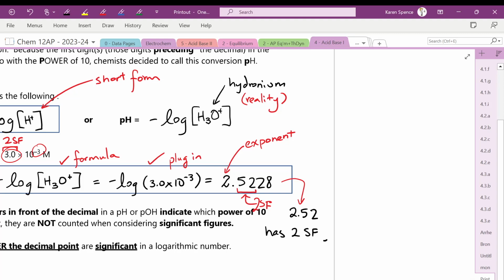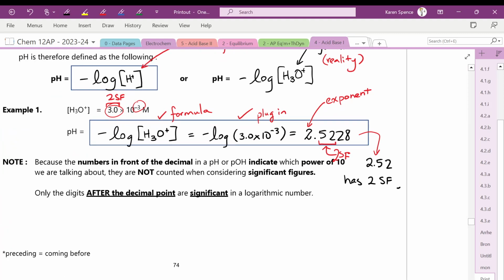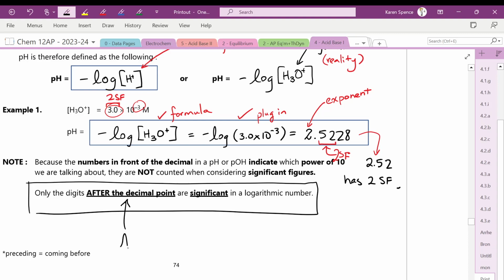So that's really the only tricky bit, and I'll keep harping on it. Only digits after the decimal point are significant in a logarithmic number.